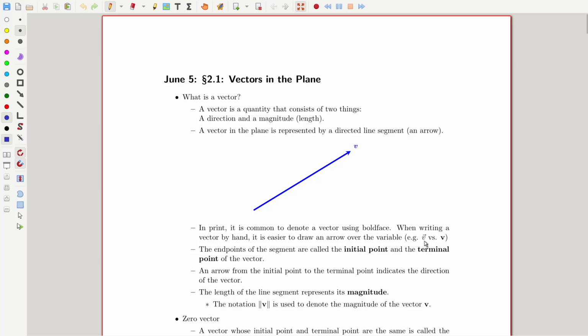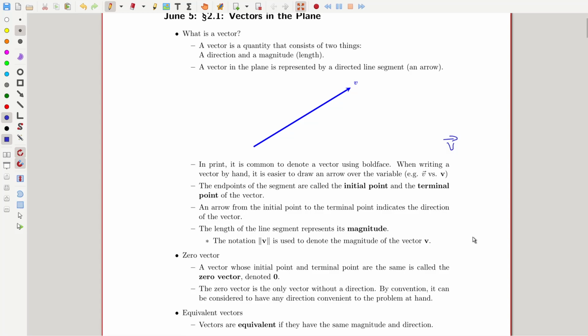But when you are writing by hand, it's not really possible to write in bold. So the other way is to write a vector with an arrow over top of it, something which looks like that, which I've also typed out like that. So that is the notation for vectors.